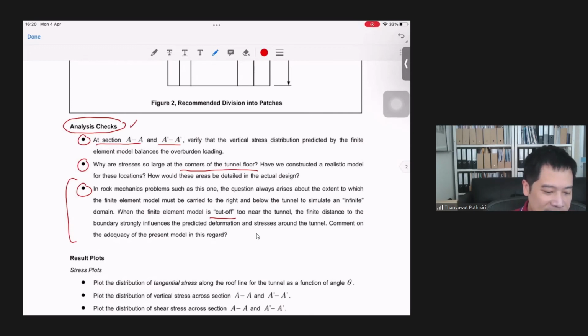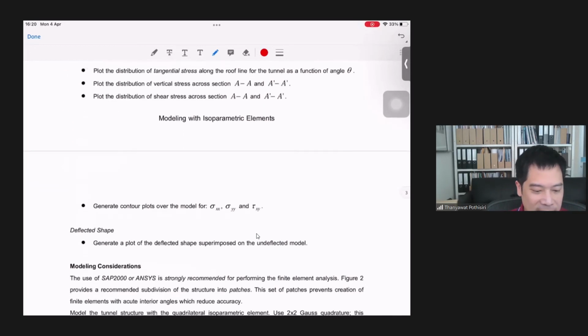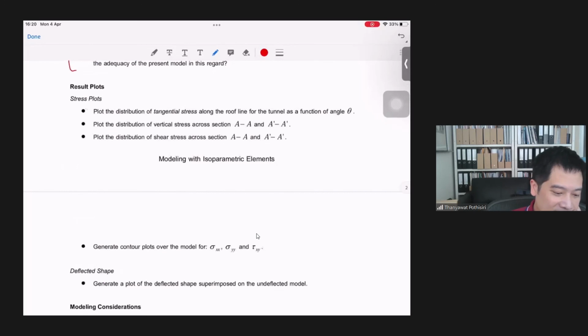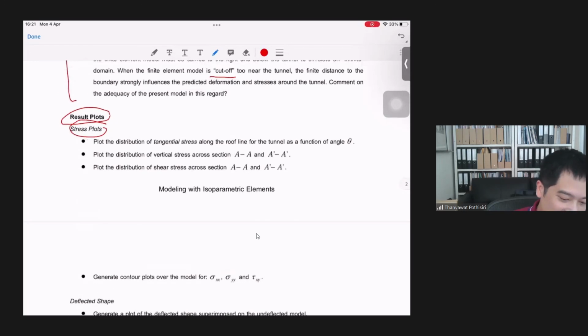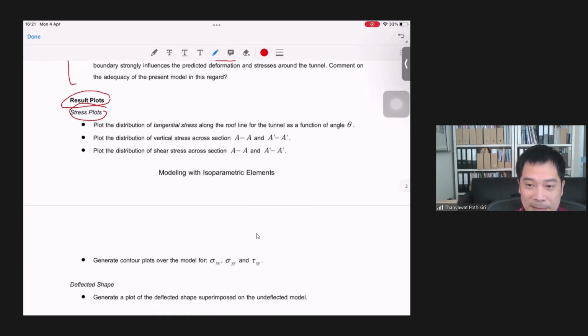So these are the analysis checks that I asked you to do, and the result plots that you should include in your assignment would be the stress plots. Okay. For the stress plots, there are a number of them that I asked. One is the tangential stress along the roof line.